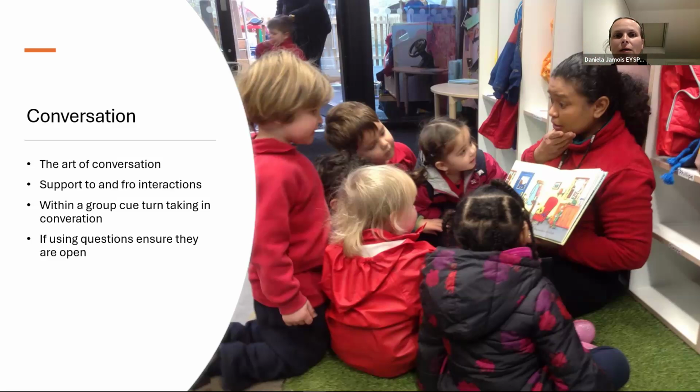So the way to do it is to look around in your group, notice who's talking, and then a practitioner who's built the confidence over time works out that they can give very clear cues. They can say a child's name to direct them, to invite them in.